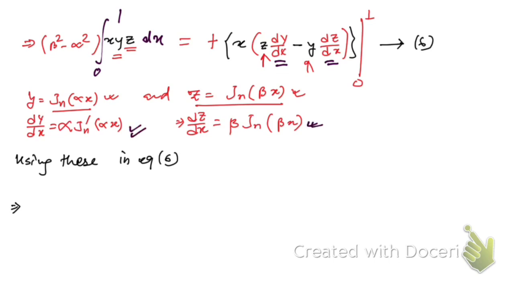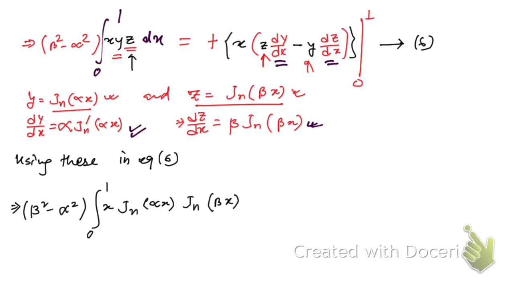Then the left hand side becomes beta square minus alpha square, integration from 0 to 1, x, then instead of y we write Jn of alpha x, then instead of z we write Jn of beta x, dx, right?